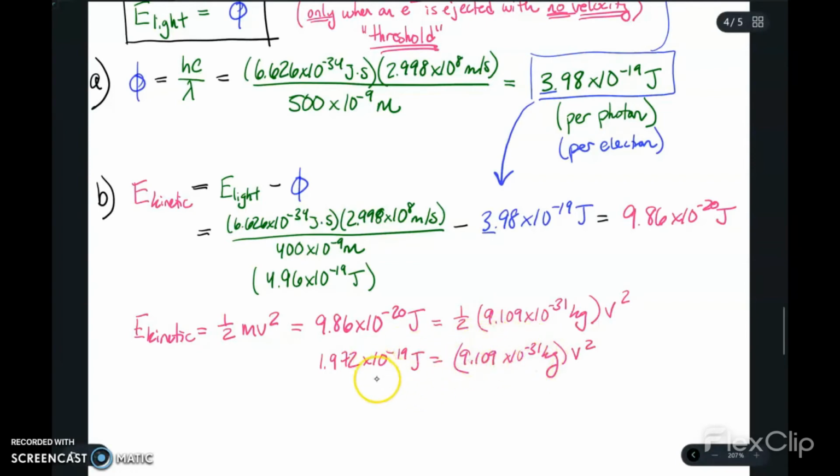So I'm going to divide this value here, the 1.972, by 9.109 times 10 to the negative 31st. And that's going to get me 2.17-ish times 10 to the 11th.